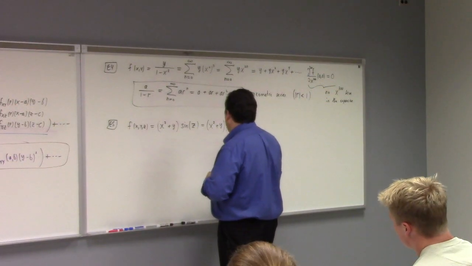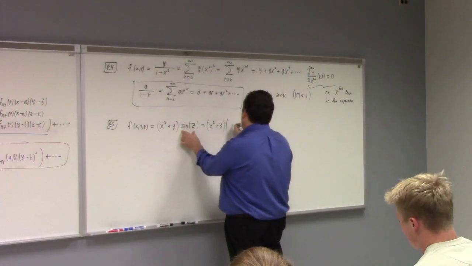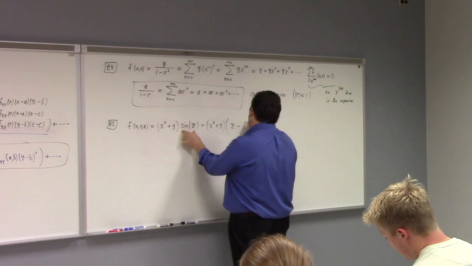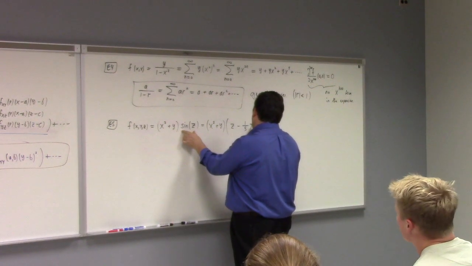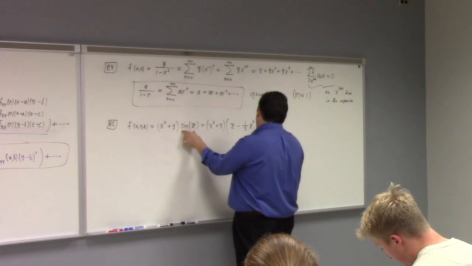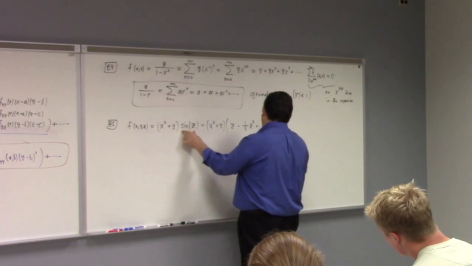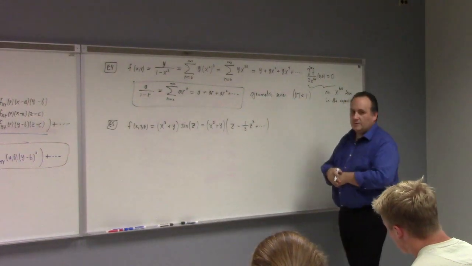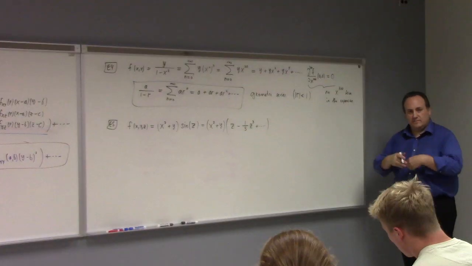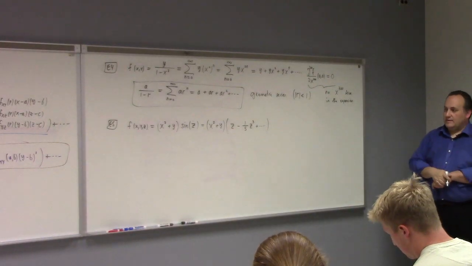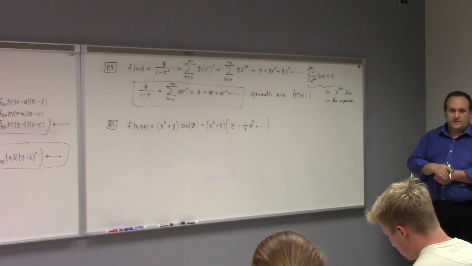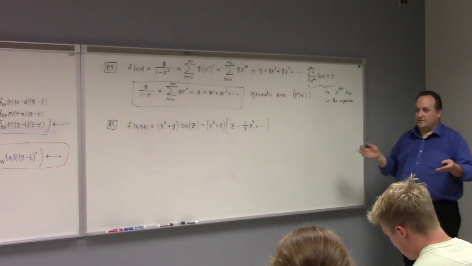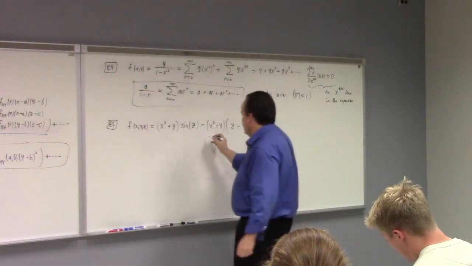What was it? So we go z minus 1/5 z cubed, and then plus higher order stuff. That's the Maclaurin expansion for sine, plugging in z. And then the power series for this example, you just multiply out. Simple as.